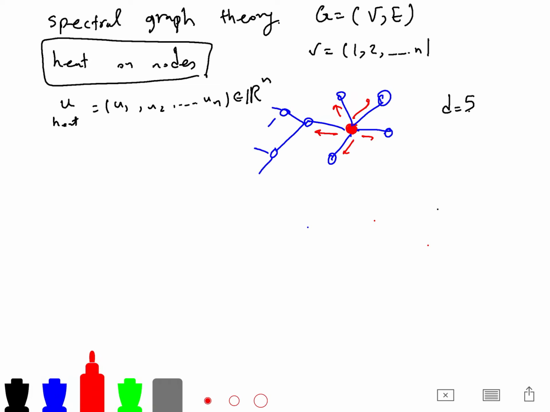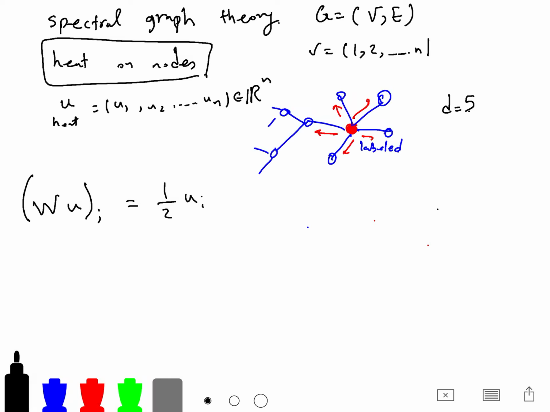In practice, these red nodes are very rare, and they are labeled. It's like a random walk matrix, and your W matrix is acting on this vector of heat. The ith coordinate is the average of itself and then the average of its neighbors. So this is the intuition behind that.